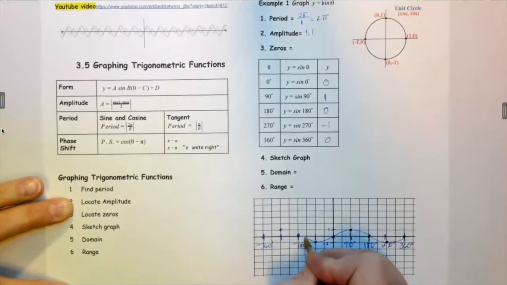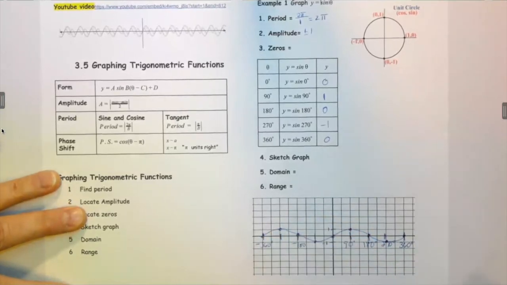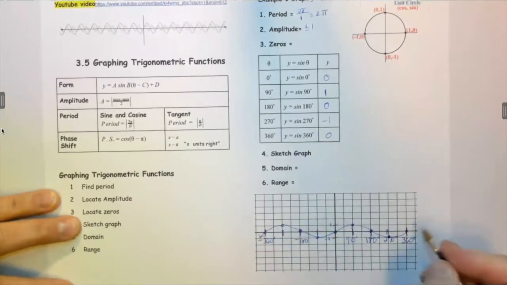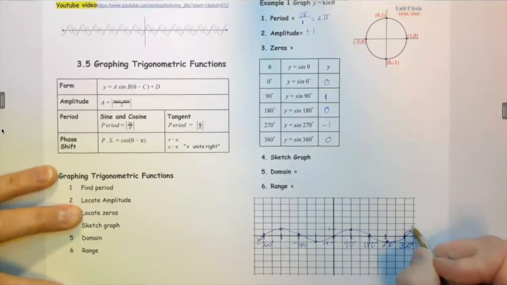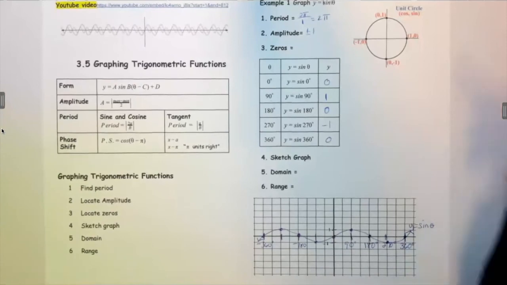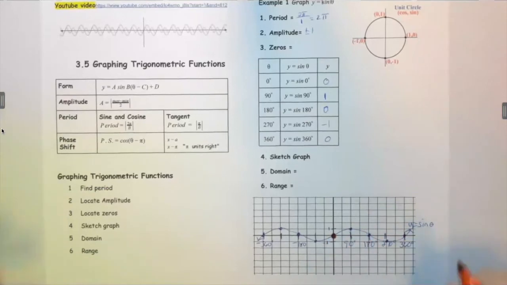Below, on, above, on. There is sine theta. It's important to note where sine is starting. At 0 degrees, sine is 0, and so sine will always start at 0. That's important to know about sine.